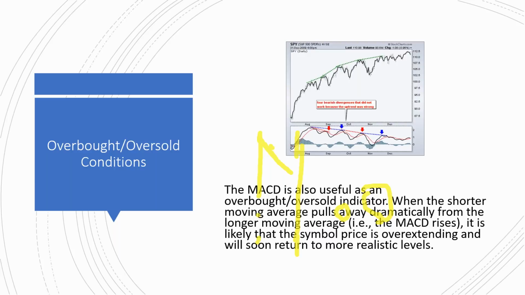Now MACD also gives us overbought and oversold conditions. Now remember, overbought and oversold doesn't mean buy or sell. An overbought market or an oversold market can remain overbought or oversold for quite some time. It just tells you that the price rally or the price movement is unsustainable, and it's not a point to be entering a trade.